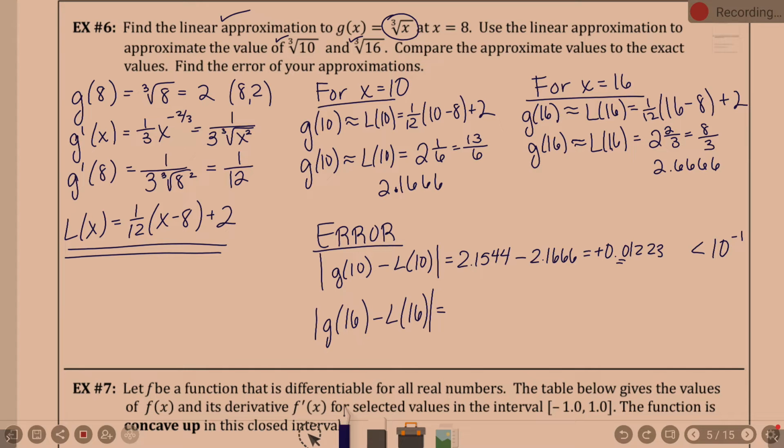Cube root of 16 is 2.5198421 minus the 2.666, and so on. If we do the absolute value, it's going to be 0.1468, and so on.